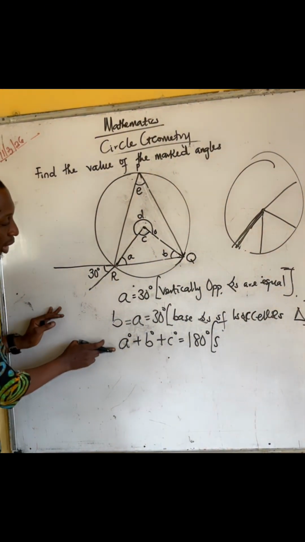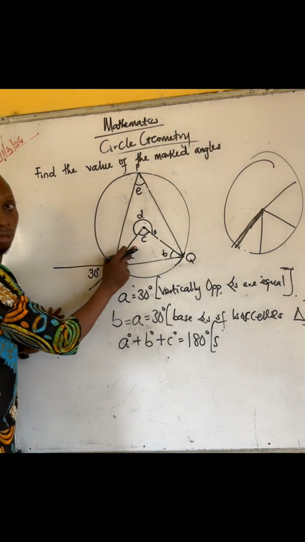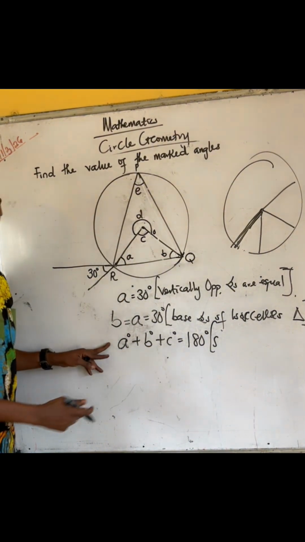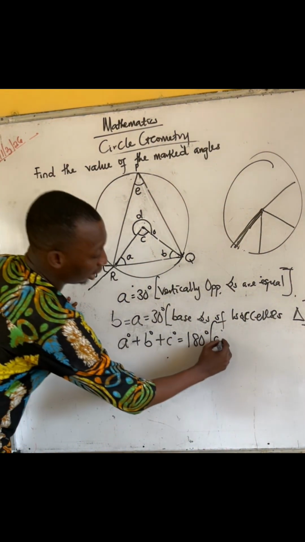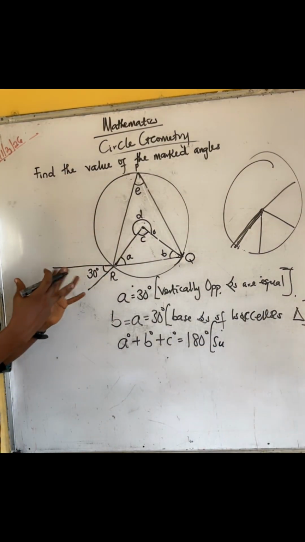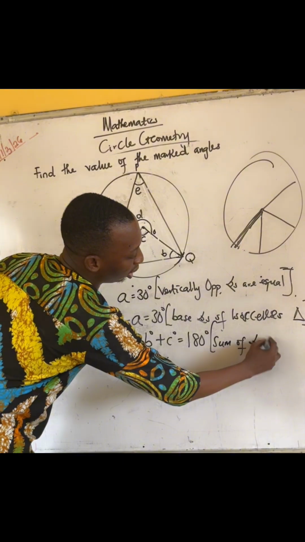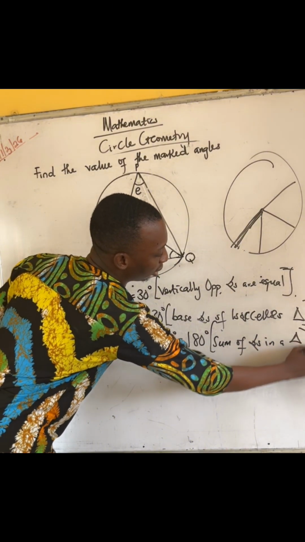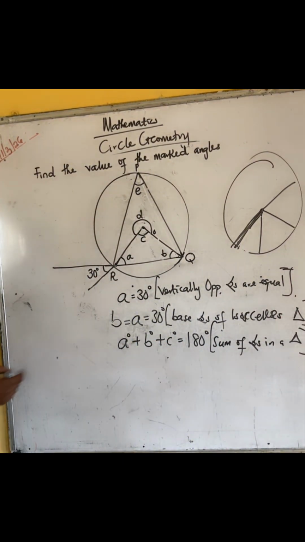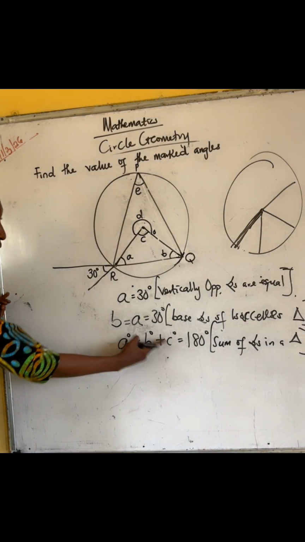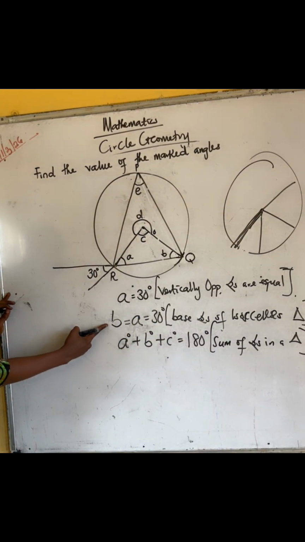So angle A plus angle B plus angle C sum up to 180 degrees. Why? They are angles in a triangle. Sum of angles in a triangle. That one is clear, so that we can equally get angle C. I've gotten A, I've gotten B, I'm left with C now.